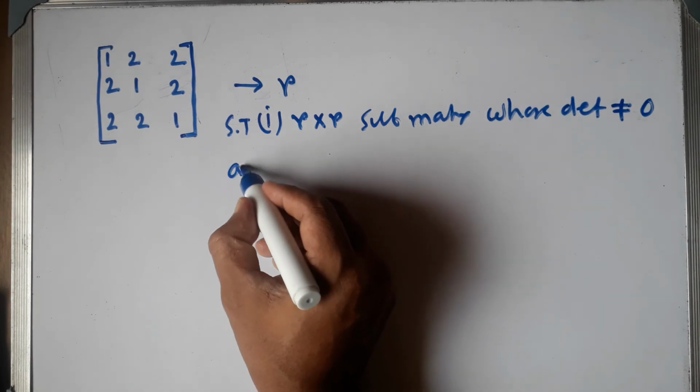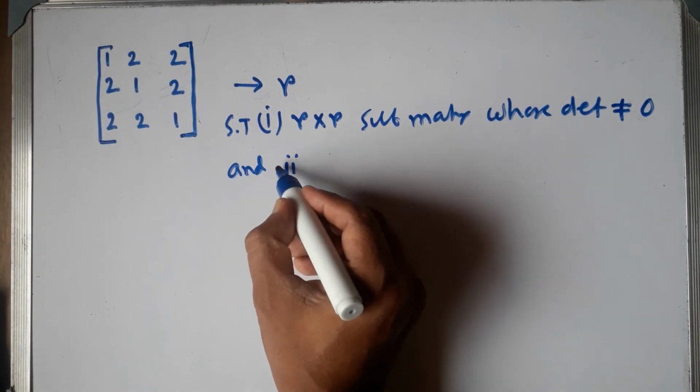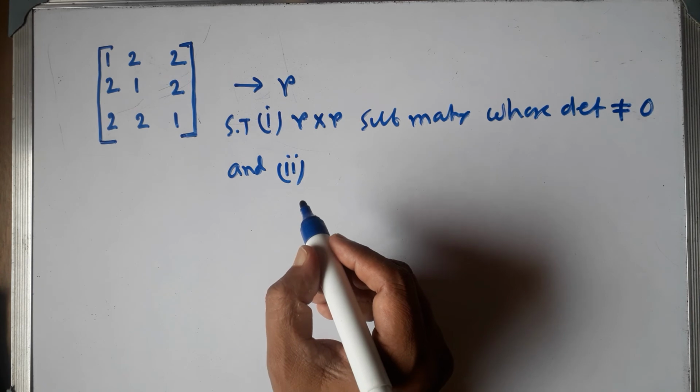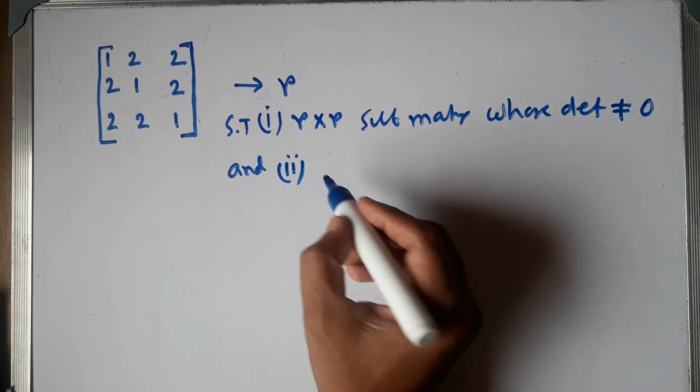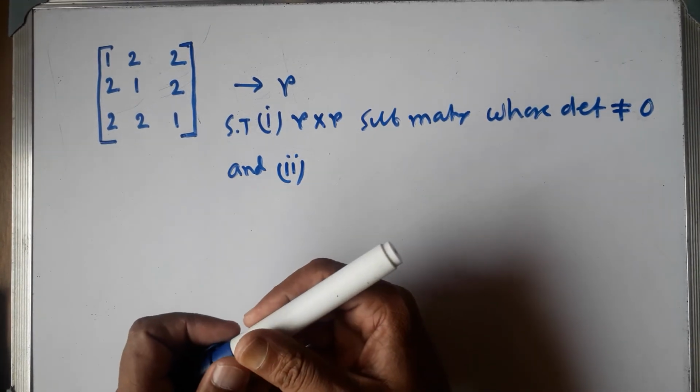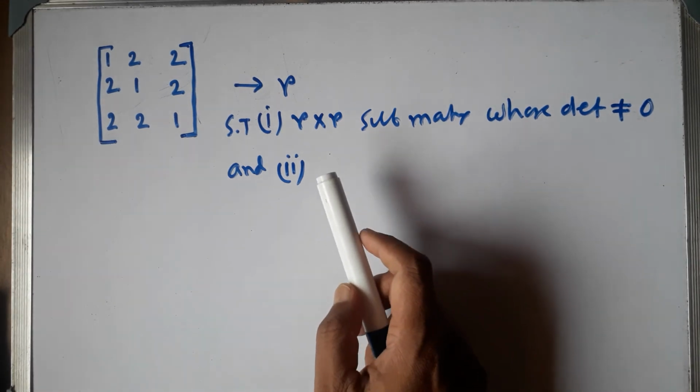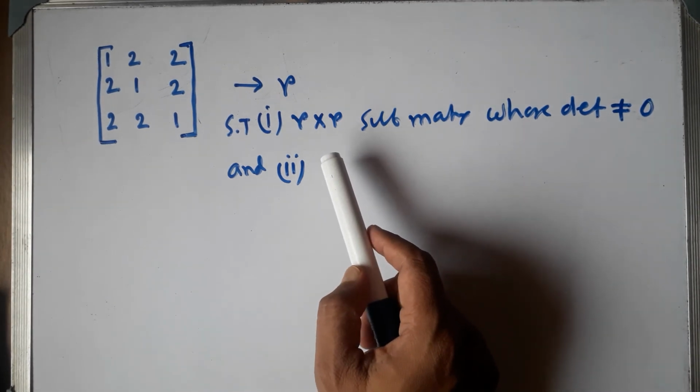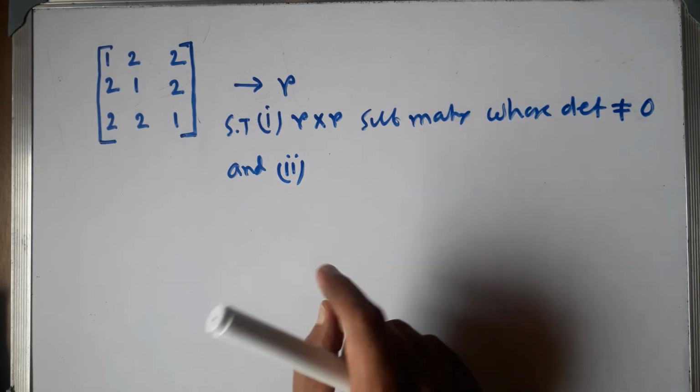And second condition, number 2: the determinant of any matrix whose order is more than r is 0.